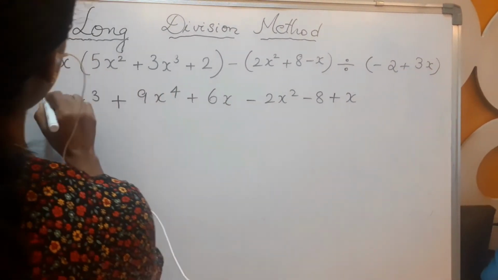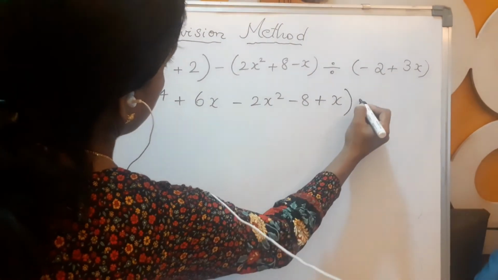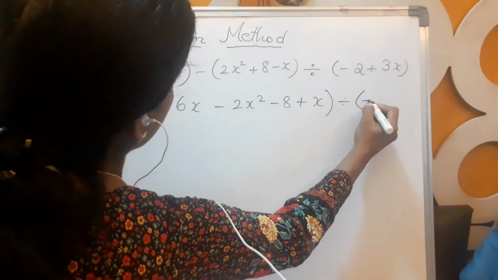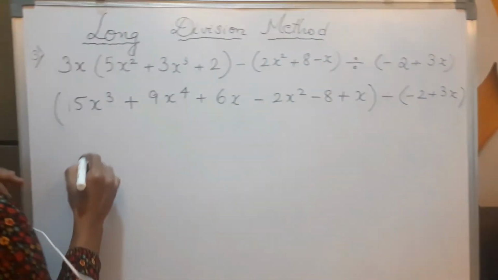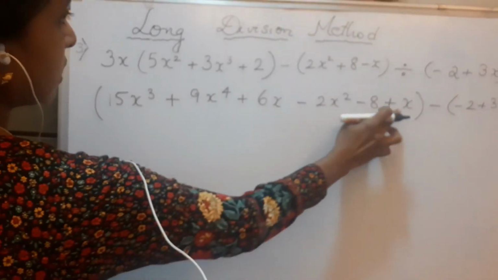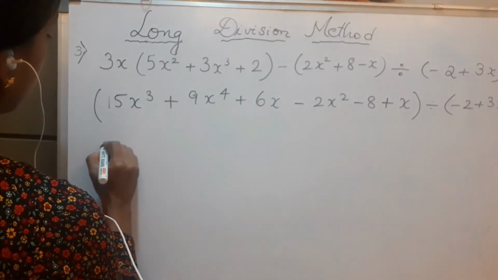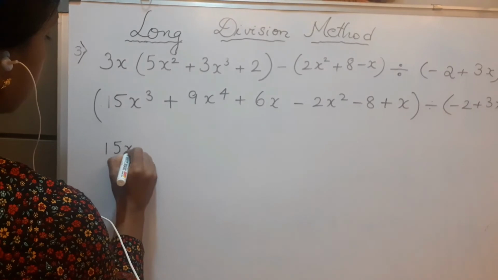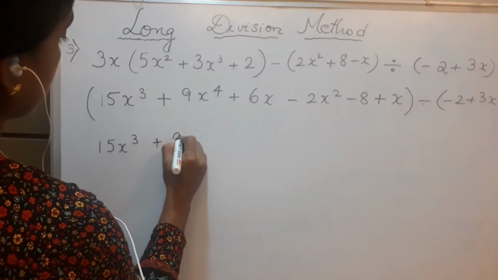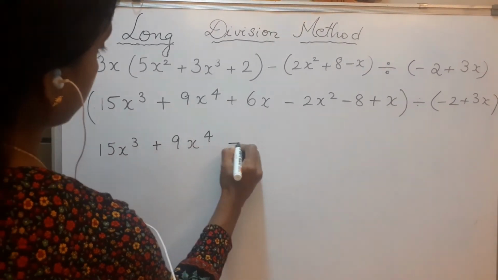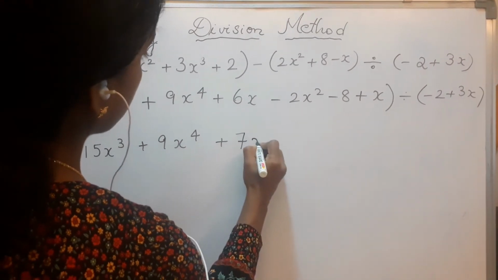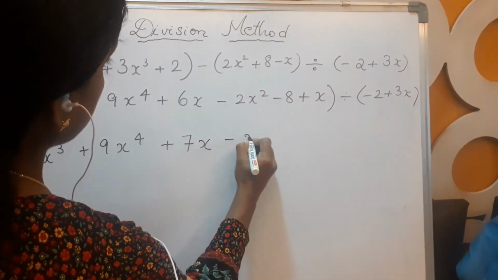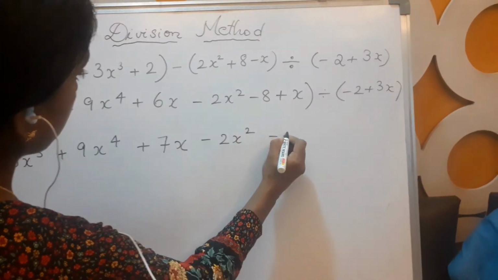This divided by minus 2 plus 3x. Now 6x plus x will give you 7x. So write that 15x cube plus 9x raised to 4 plus 7x minus 2x square minus 8.